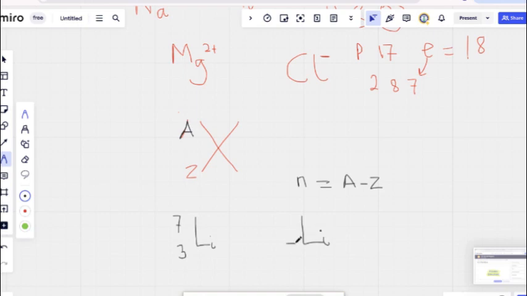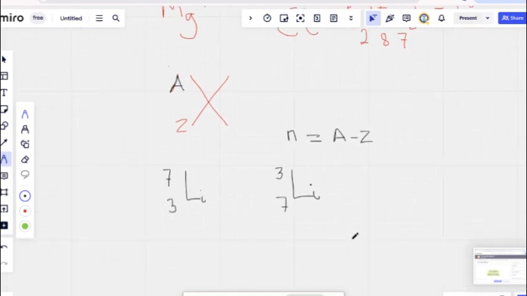It doesn't matter in this case. The bigger one is the mass number or the nucleon number, while the small one is the proton number. Is that okay? So that's the point we are making here.